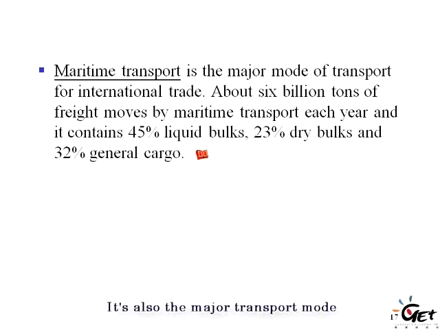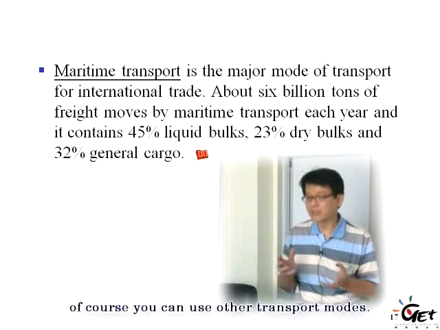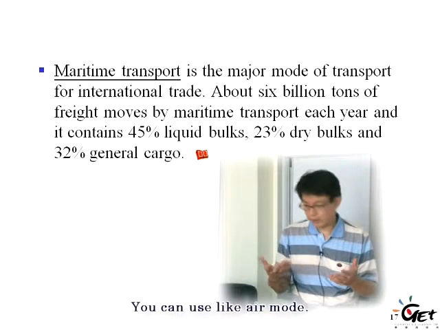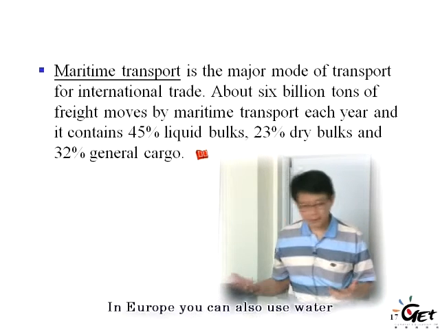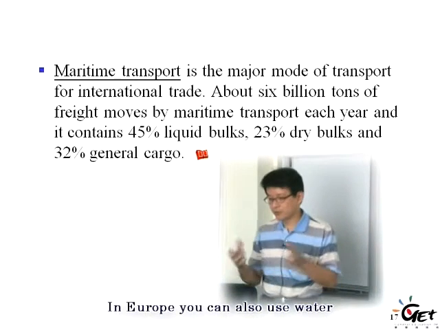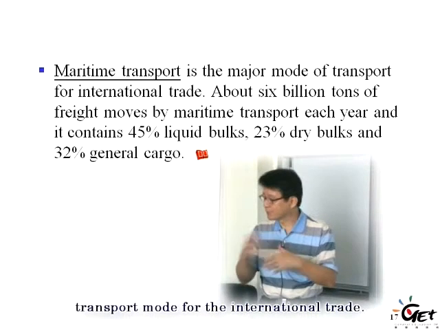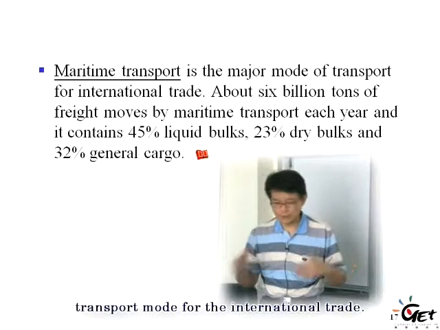It's also the major transport mode for international trade. For international trade, of course, you can use other transport modes, like air. But in Europe, you can also use water transport for international trade.